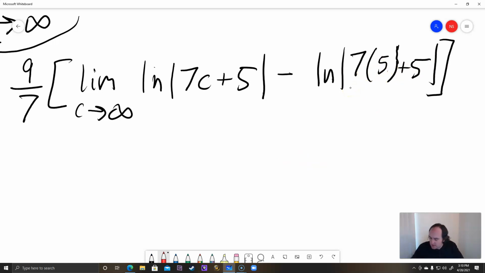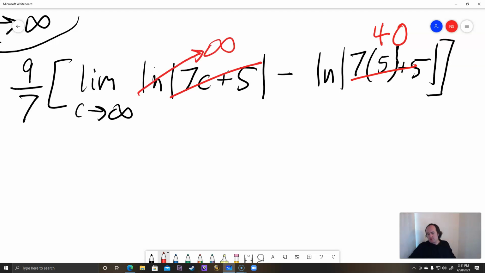This is just going to be 7 times 5 is 35, plus 5 is 40. So we have ln of 40. But over here, as c goes to infinity, the inside of the natural log is going to go to infinity. So ln of infinity is actually infinity. And so this entire ln is going to go to infinity.